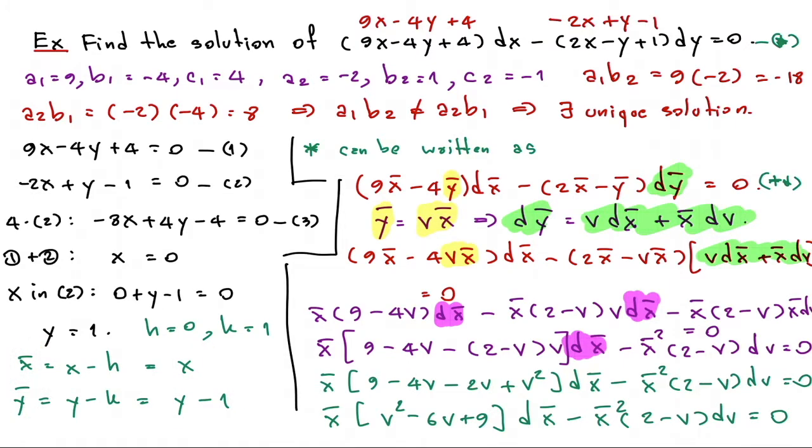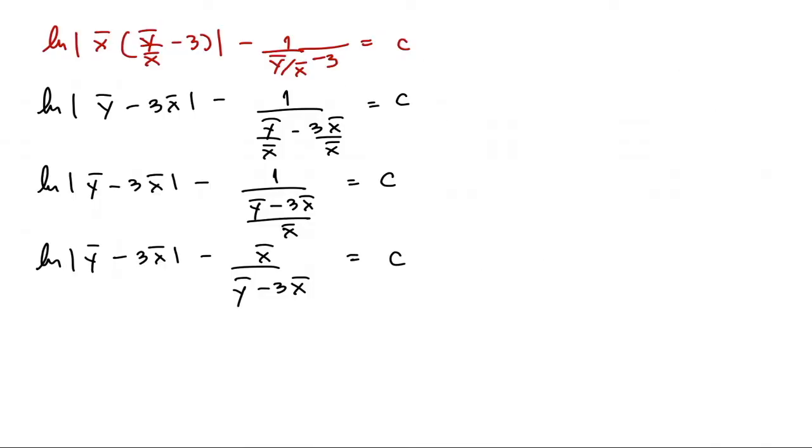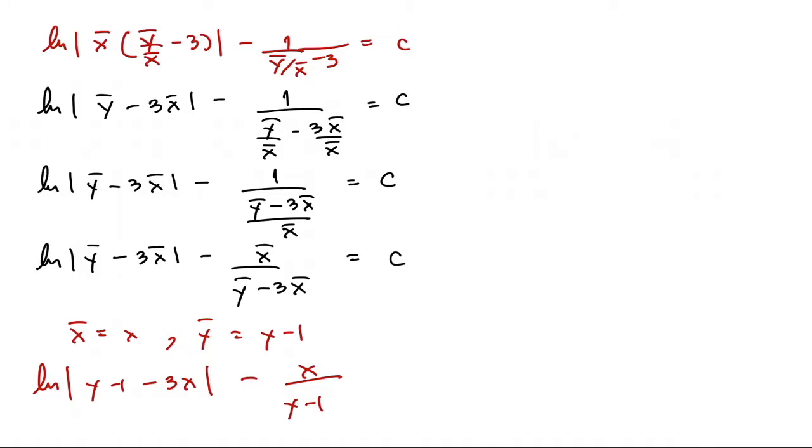So what we have here, because x bar is x and y bar is y minus 1, is log of (y minus 1 minus 3x) minus x bar, which is x, divided by (y minus 1 minus 3x), equals c. Okay, and that is the solution.